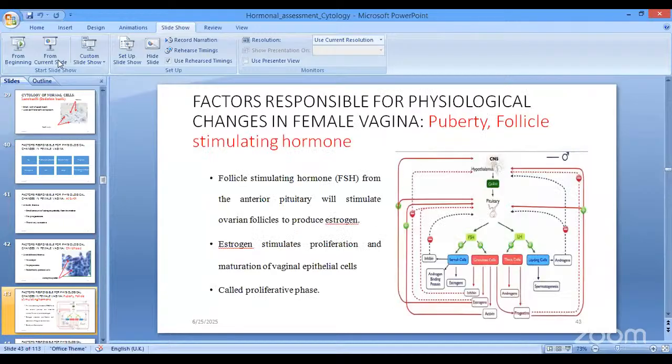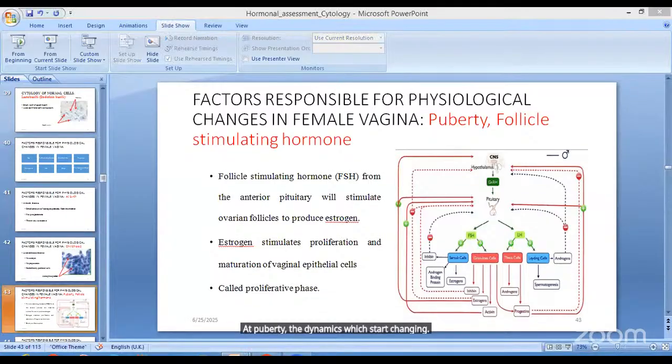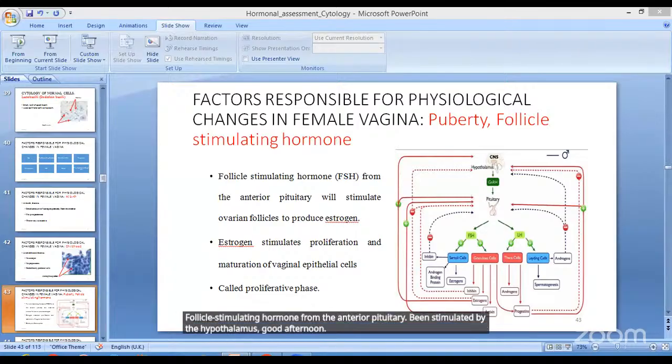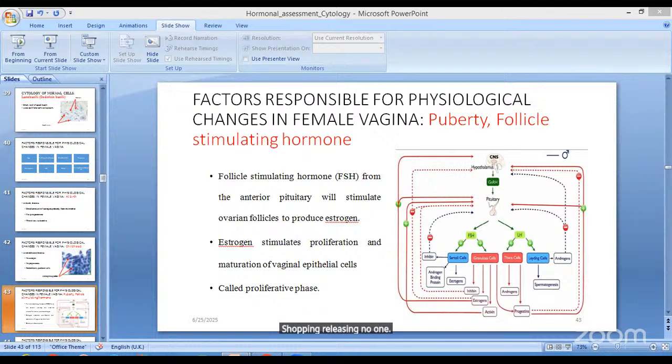At puberty, the dynamics start changing. Follicle stimulating hormone from the anterior pituitary, being stimulated by the hypothalamic gonadotropin releasing hormone, will stimulate ovarian follicles to produce estrogen. And estrogen will stimulate proliferation and maturation of the epithelial cells.